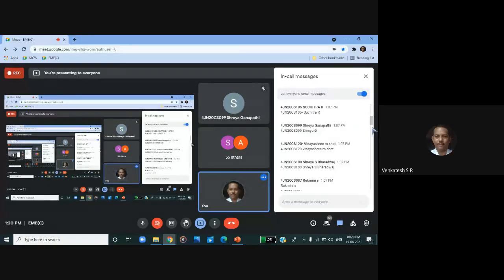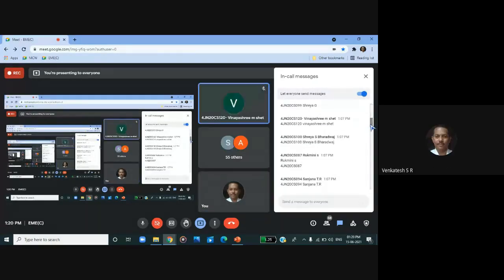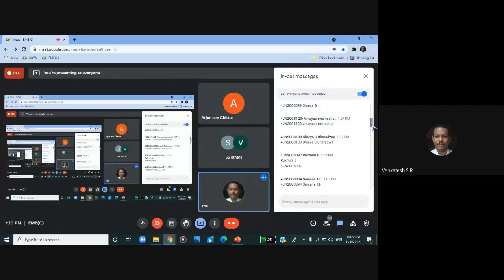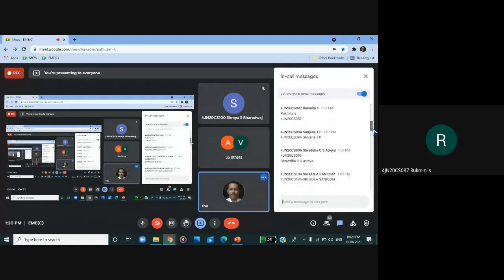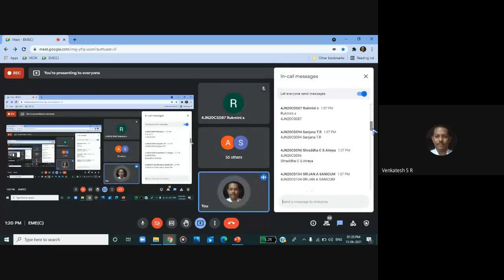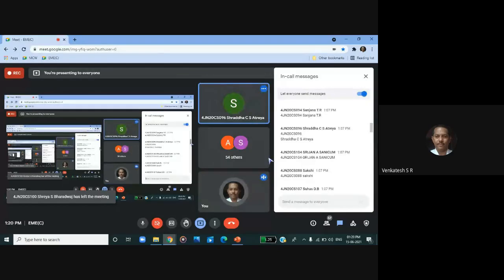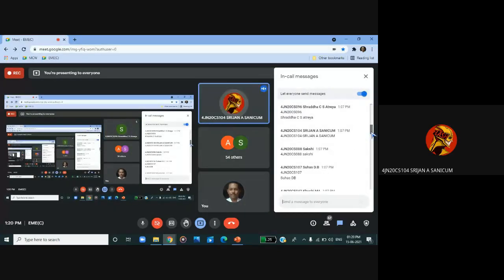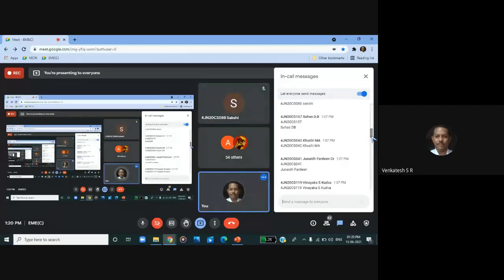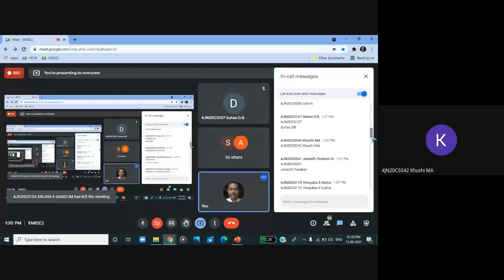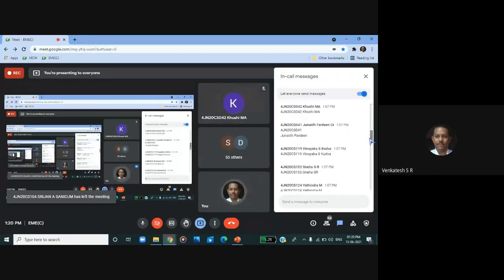Vinayashri. Present, sir. Shreya S. Bharadwaj. Present, sir. Rukmini S. Present, sir. Sanjana TR. Present, sir. Shraddha CS. Present, sir. Srijan. Present, sir. Akshi. Present, sir. Suhas DB. Present, sir. Kushi MA. Present, sir. Junaid Fardin.